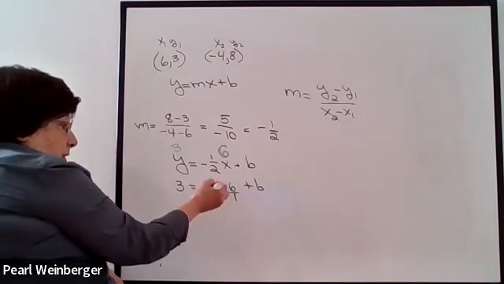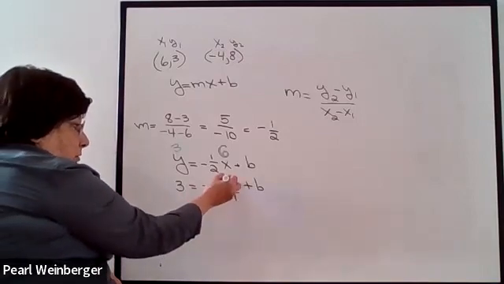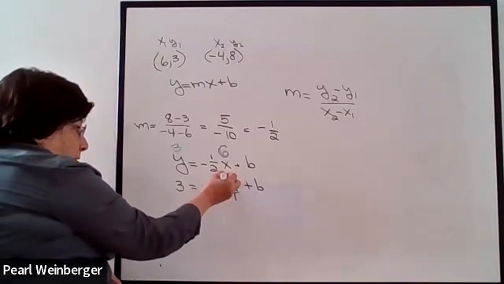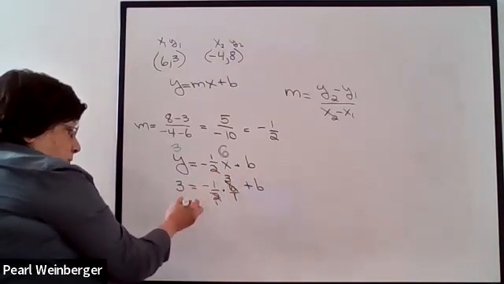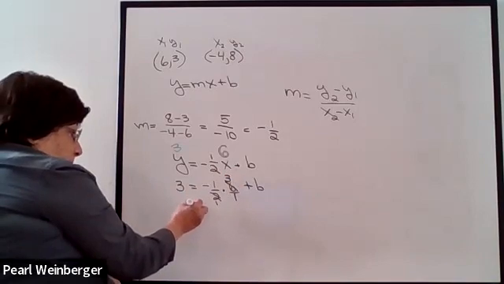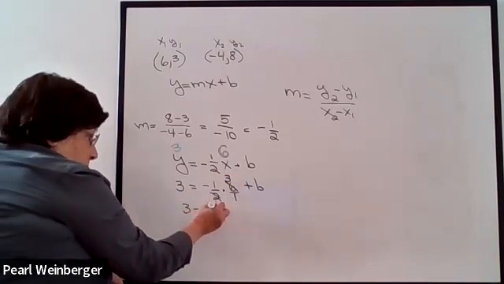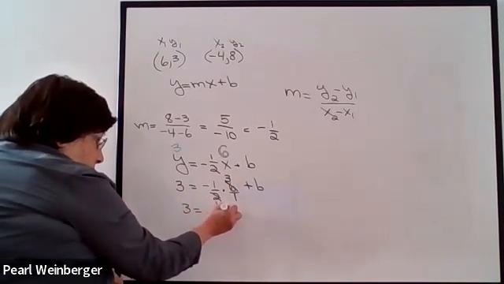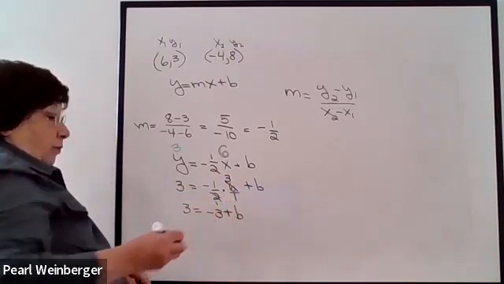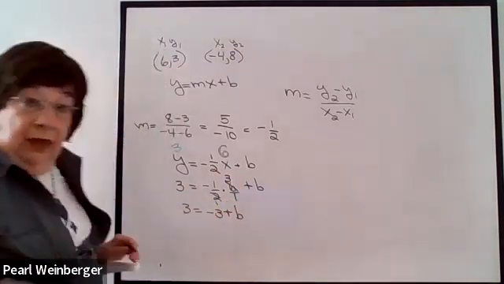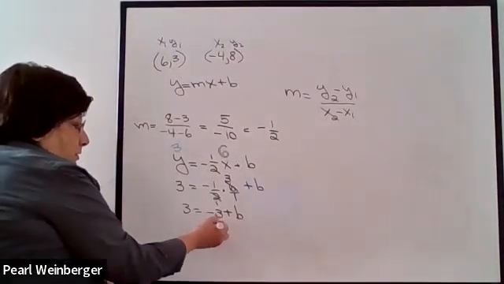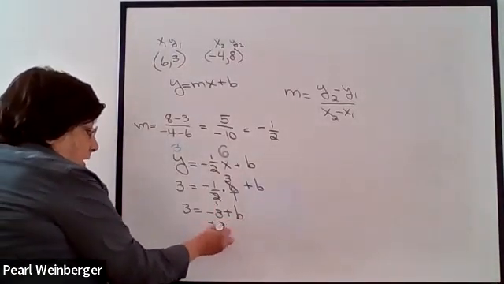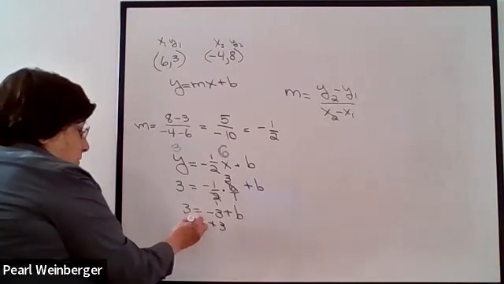And then this cross cancels, and the 2 cancels out, and I'm left with -1 times 3. So this ends up being 3 equals -3 plus b. And now I can figure out what the b is by bringing this -3 to the other side. I'm adding 3 to both sides.